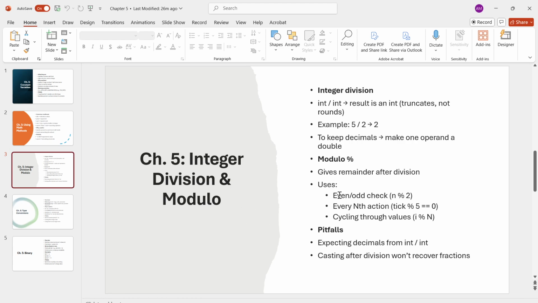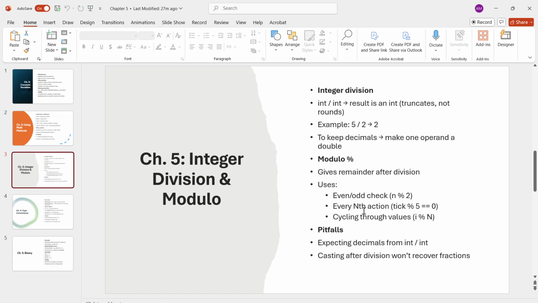Practical uses are even and odd: n modulo 2 equals 0 means even. If n modulo 2 is not equal to 0, that means odd. For every nth action, like a tick, n modulo 5 equals 0 means do something every 5th tick.